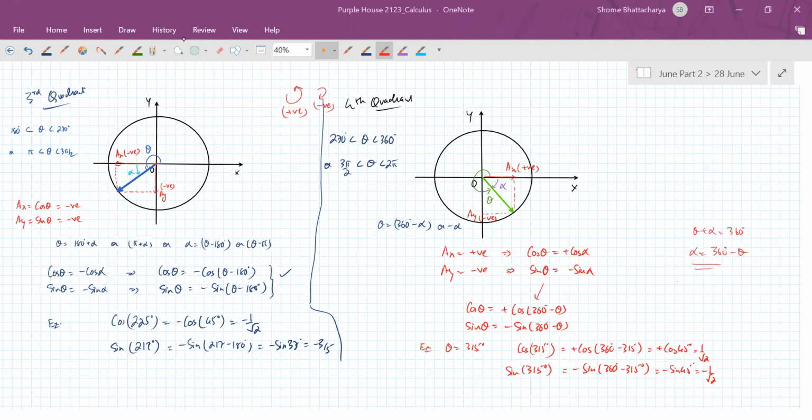But see, writing 315 as 360 minus 45 is not going to help directly, no? You're getting my point? You should get it as minus cos 45, minus sine 45, no? Yeah, you got it. Okay. Thank you.